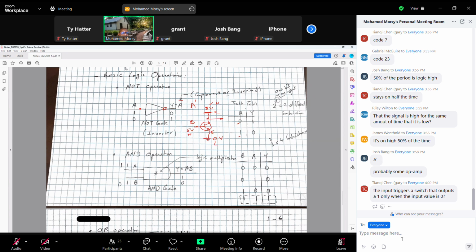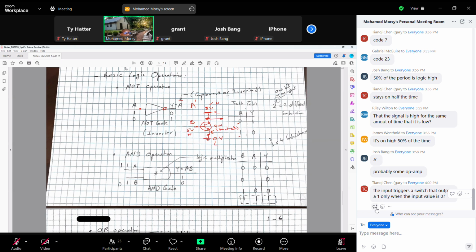If this is the case, the transistor is on, or conducts. Conduct means this point is connected to this point, because this is nothing more than a switch.